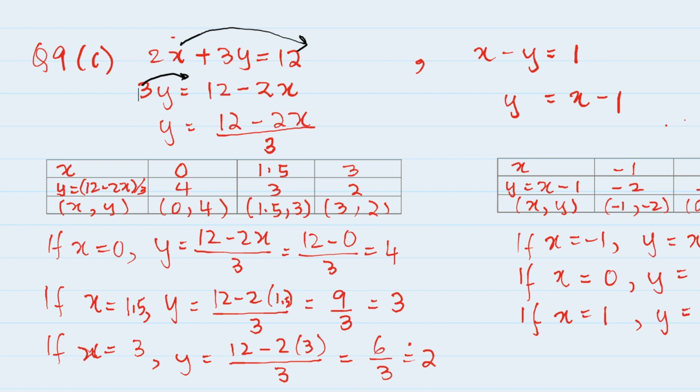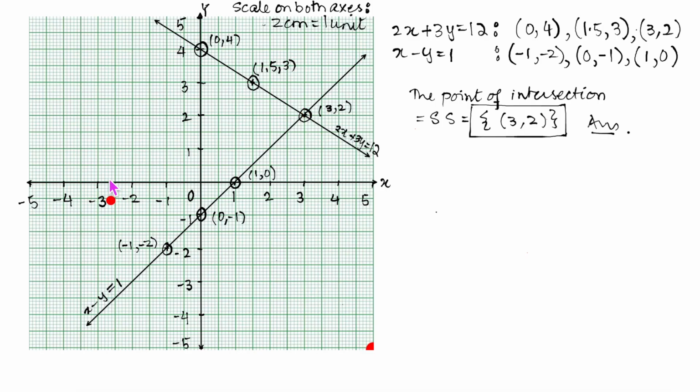Now let us see how we plot these points. So you can see this graph sheet over here. I have written first the line and the points that we calculated earlier. This is the second line and these are the corresponding points. Now you have to see the range on the y-axis and x-axis. X-axis maximum value is 3 on the positive side and here -1 on the negative side.